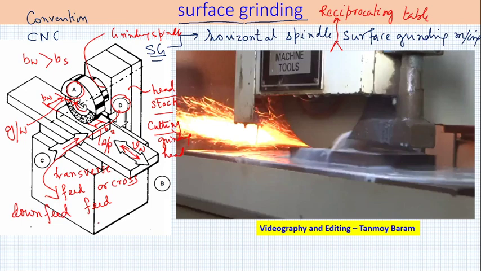This kind of grinding, where BW is more than BS and you need to give a cross feed, has a typical name: it is called transverse surface grinding. In the last class we showed you a plunge grinding process.